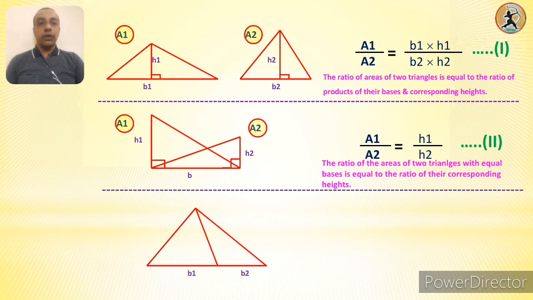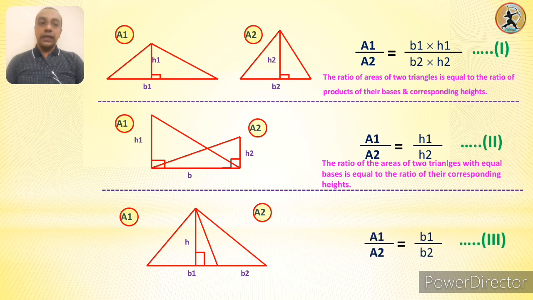Both the triangles have a common vertex, therefore we can consider the common height as H. Now if we have to find the ratio of their areas, A1 upon A2 will be equal to the ratio of their corresponding bases, that is B1 upon B2. So here is the new property: the ratio of areas of two triangles having equal heights is equal to the ratio of their corresponding bases.